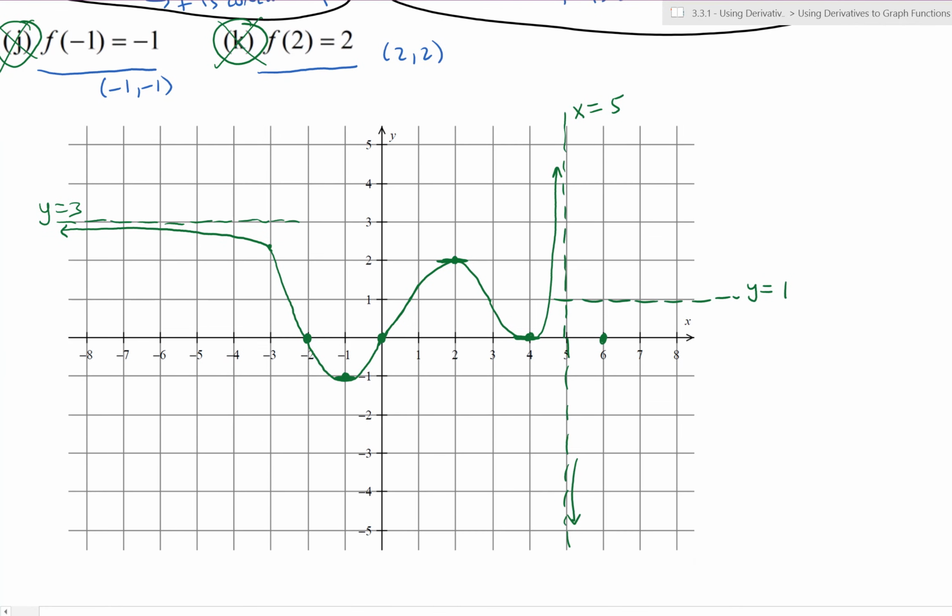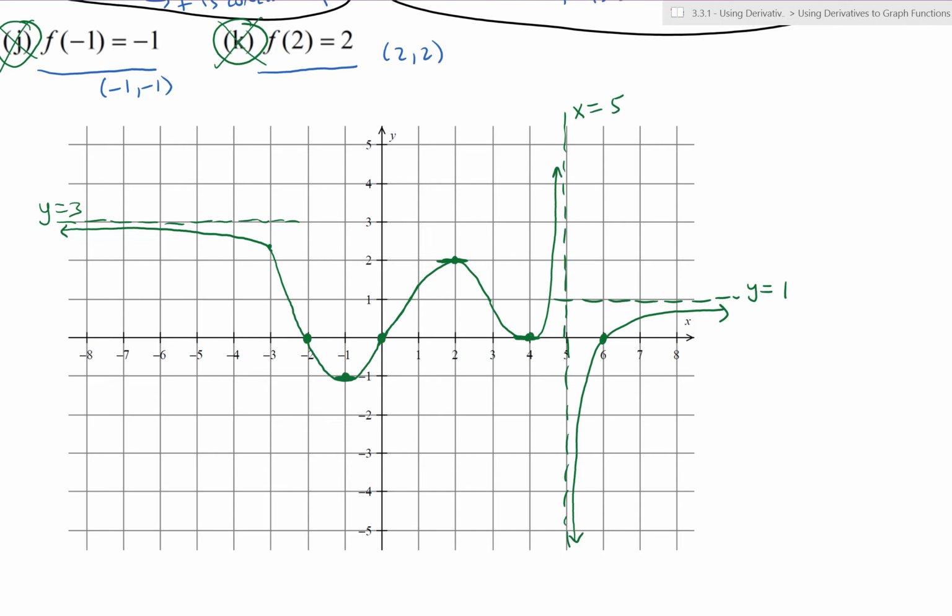As we approach x equal to 5 from the right, there's that vertical asymptote going towards negative infinity. And I've got to be concave down and increasing. And thus, my function must look something like so as it approaches the horizontal asymptote y equal to 1 as x goes to infinity.